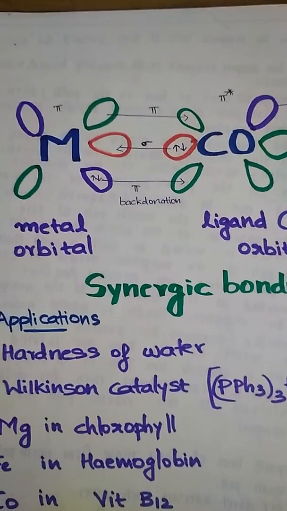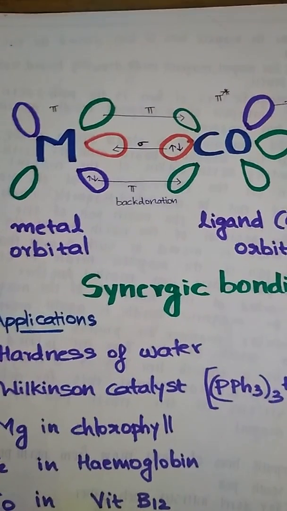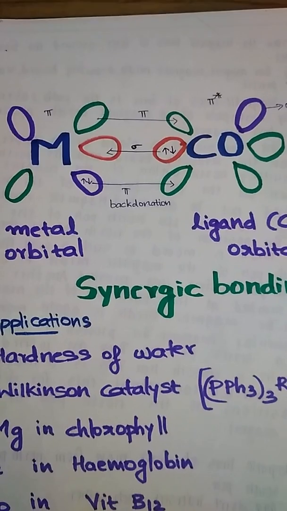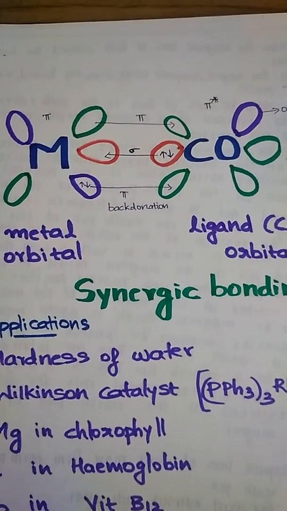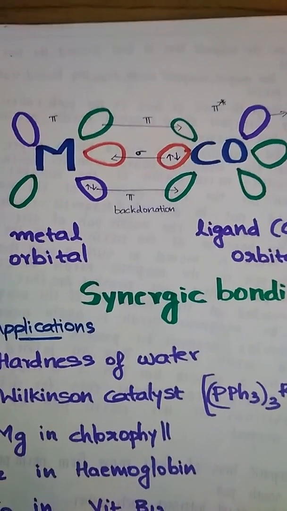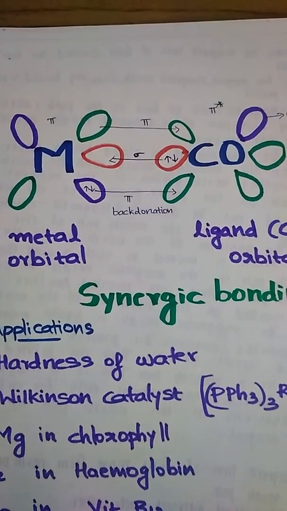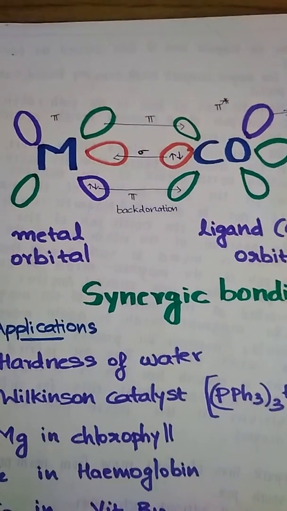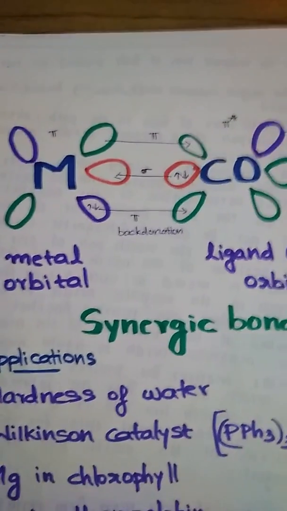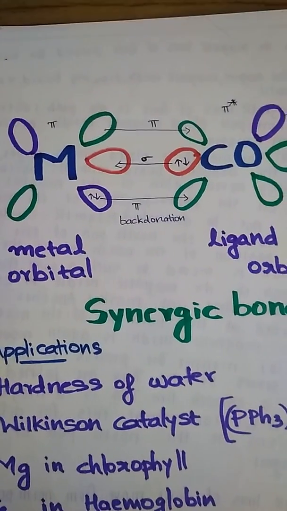The pi orbital is present on the metal while the pi star antibonding molecular orbital is present on the CO ligand. Here we can see that from the CO, the filled orbital electrons are donated to the vacant orbitals of the metal. Thus it forms the sigma bonding.